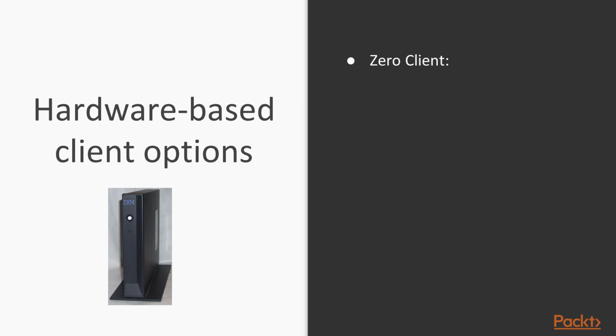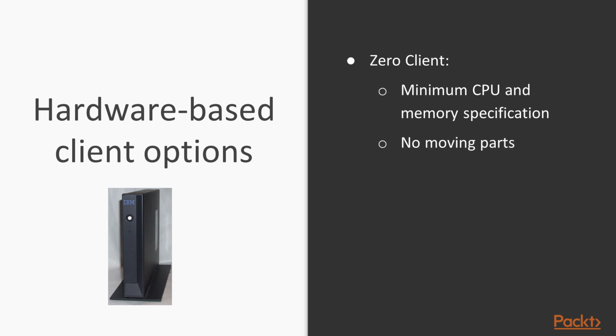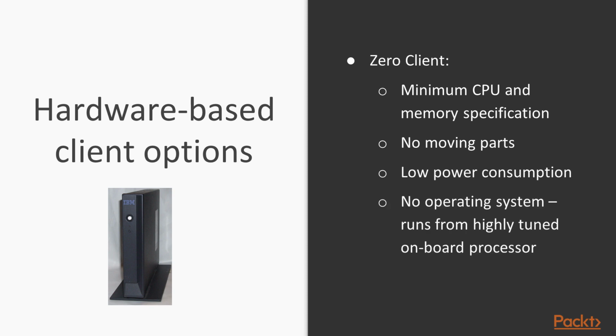Then we have a zero client. The example here is one of the 10ZiG boxes. Again, it has minimum CPU and minimum memory specification, no moving parts, so no fans, no disks. It's low powered, but the difference from a thin client is that it doesn't have an operating system other than literally just a BIOS type approach.